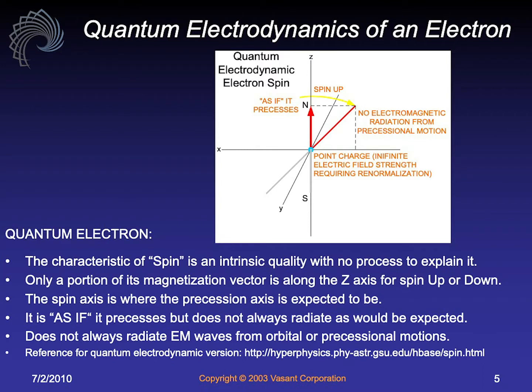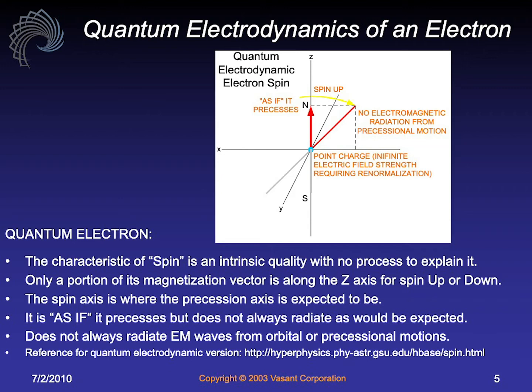In quantum electrodynamics, they contend that down at the subatomic level, the classical behavior of an electron can no longer apply, because if it did, it would radiate away all its energy in the form of electromagnetic waves. And it's my contention that that's correct. It does radiate away its energy. However, it does receive energy from all other radiating similar particles.